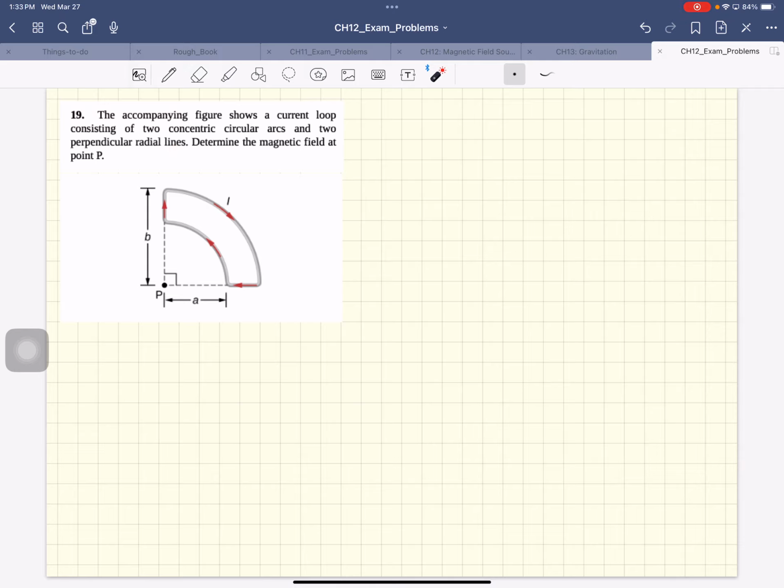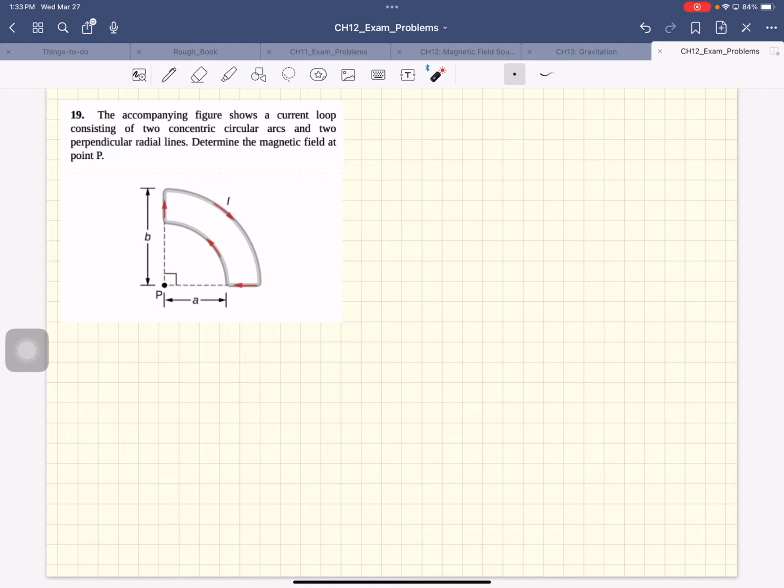Determine the magnetic field at point P. This guy will not produce a field there, this guy will not produce a field there. This guy and this guy will produce a field there. The currents are the same, but this guy is closer to that point, so it will produce a stronger field than this guy.